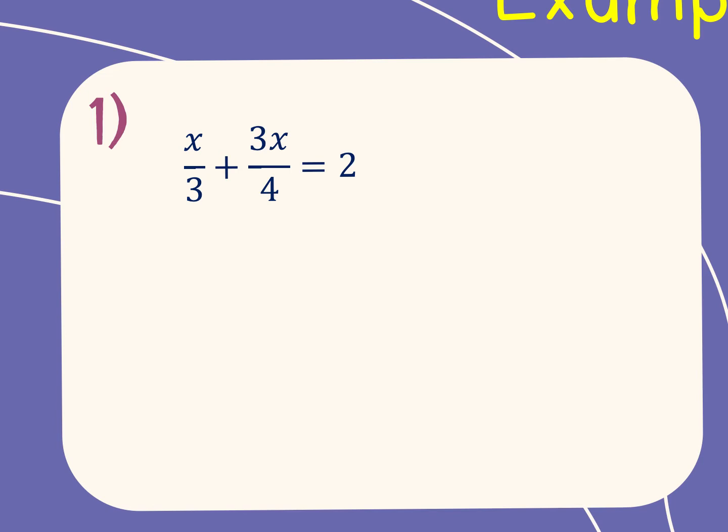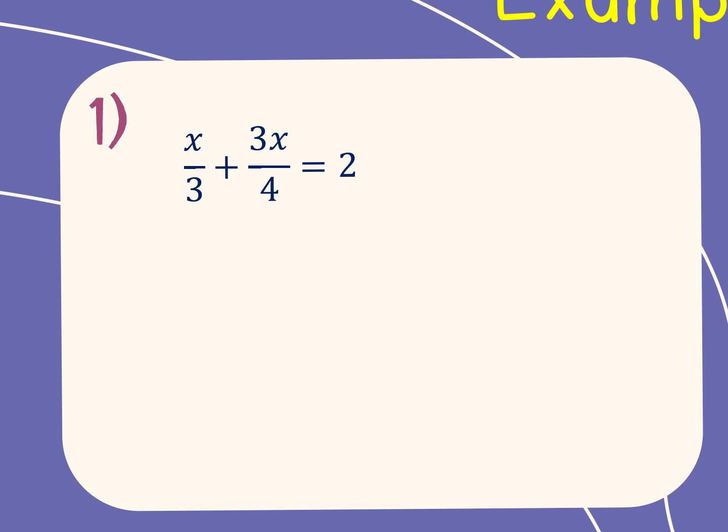Just like yesterday, I'm going to clear my fractions and multiply every single term by the LCD. I need to find the least common denominator from 3 and 4, and that's going to be 12.